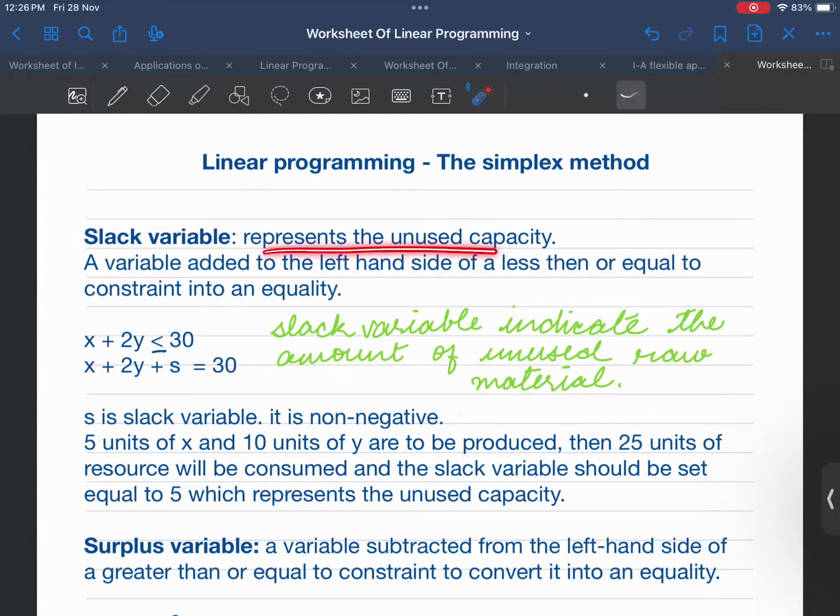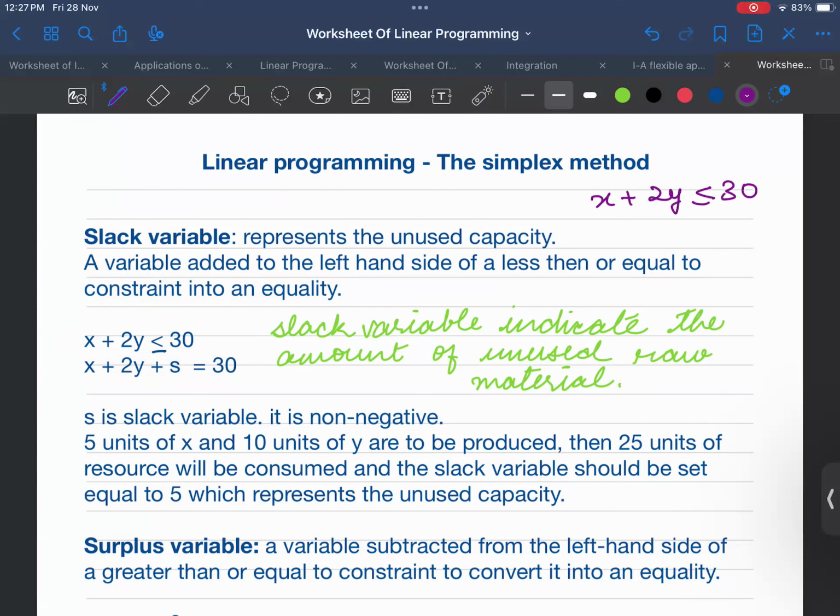It represents an unused capacity. It is a variable added to the left hand side of a less than or equal to constraint to turn it into an equality. Suppose x plus 2y is less than or equal to 30.